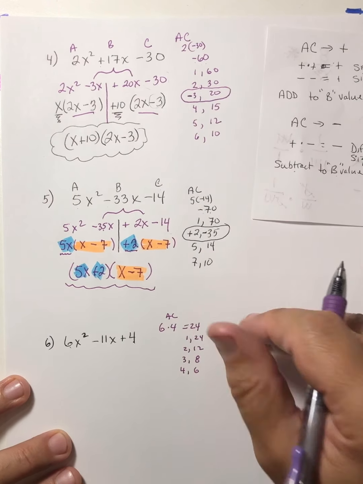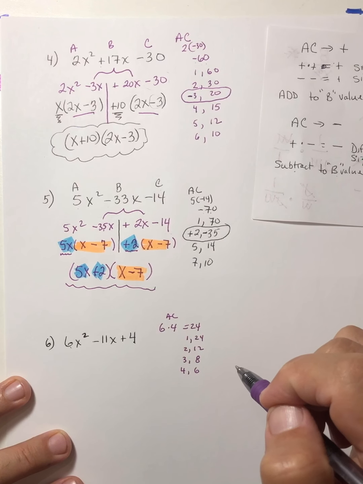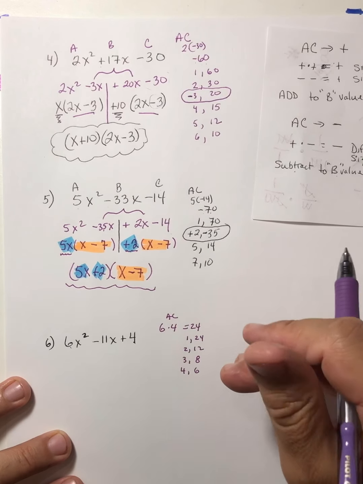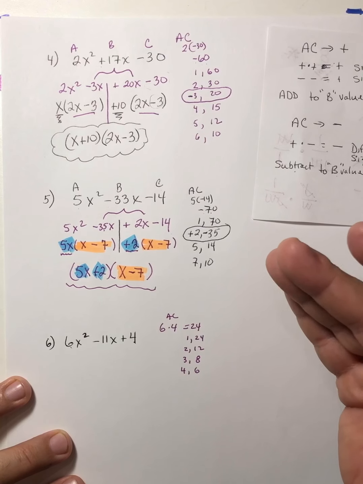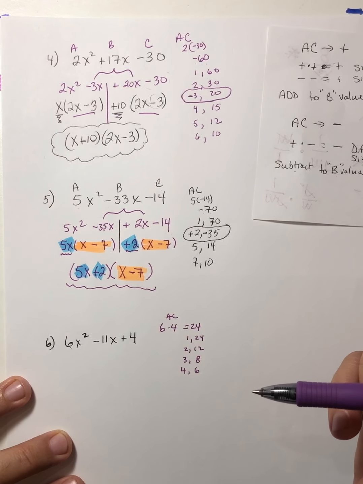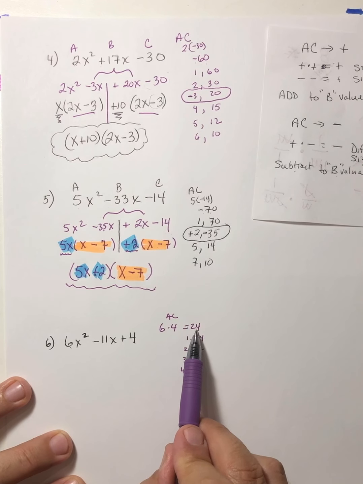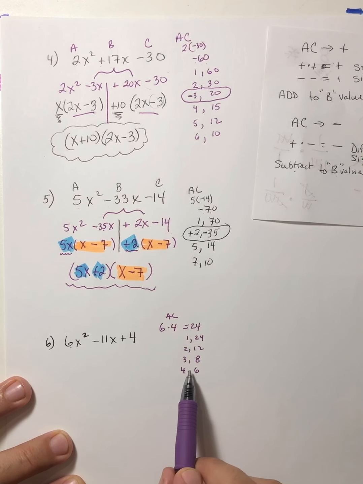By the way, you know how come I know we have them all? What's the square root of 24? You should give me a rough estimate. Is it 5? No, because 5 times 5 is 25. So it's less than 5. So the square root of 24 is like 4 point something, something, something. Well, there we already hit the 4. So it's in between the 4 and 6 here.